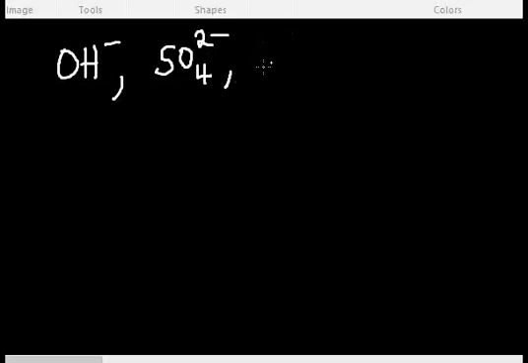We can also have CO3, 2 minus, trioxocarbonate. Those are radicals, etc. So these radicals have a common valency; they share a common valency. Because this is made up of oxygen and hydrogen, this valency belongs to all of it. Then sulfur and oxygen, this valency.